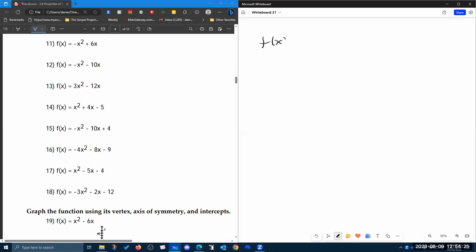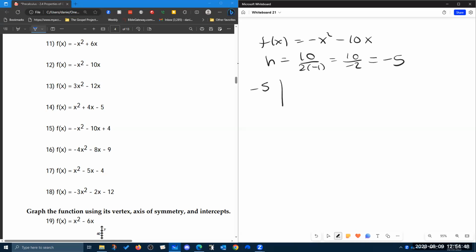f(x) is equal to negative x squared minus 10x. So my h is going to be 10 over negative 2 times 1, which is 10 over negative 2, a negative 5.